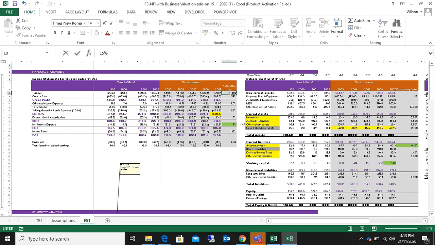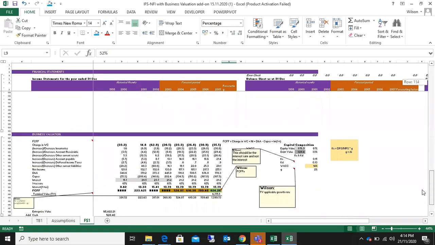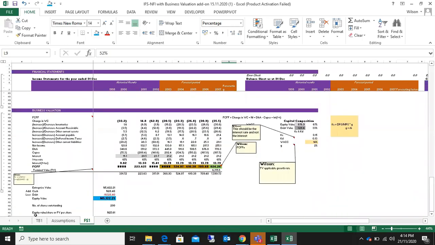So 15%. We had it before at 5%. Let's say 15%. Let's see what happens. And see that our equity value or fair value per share changed to 25.61.